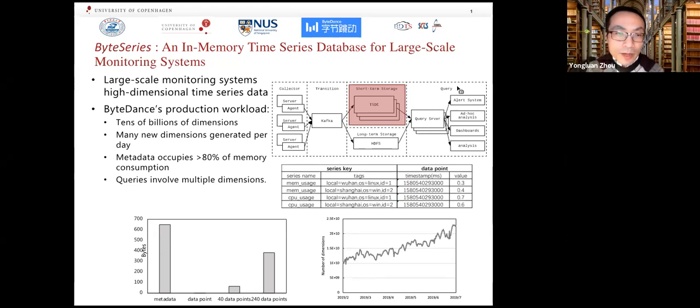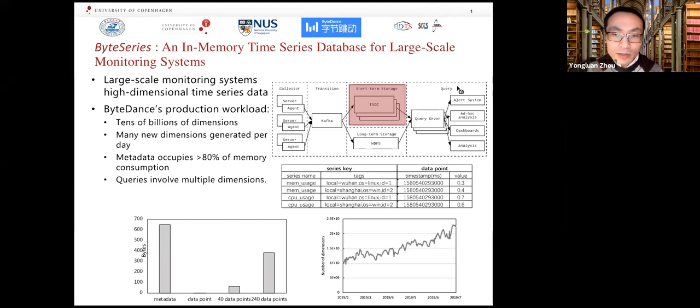In this paper, we did an analysis of ByteDance's production workload. We found that in ByteDance's production workloads, there are tens of billions of dimensions of time series data. By a dimension of time series data, we mean the data with a unique time series key. Each dimension has a unique time series key.